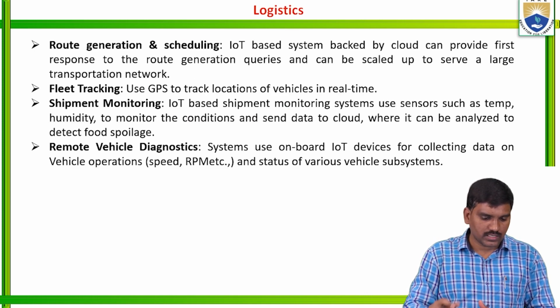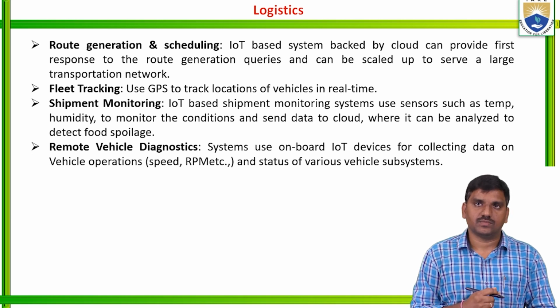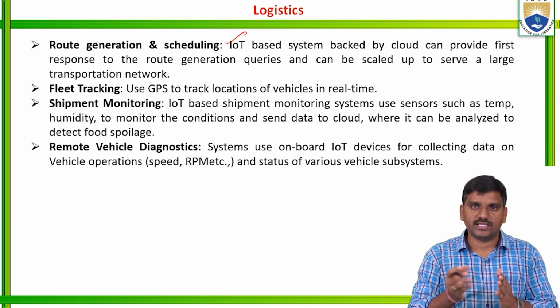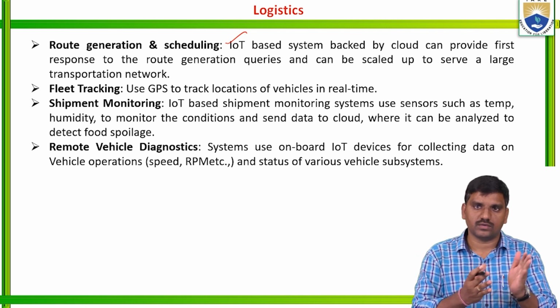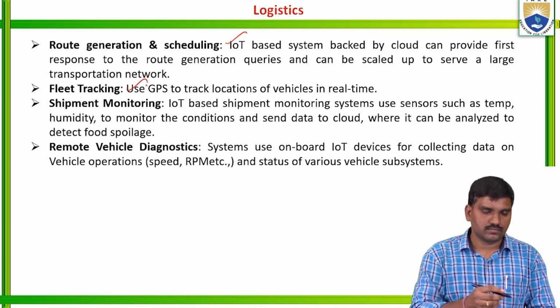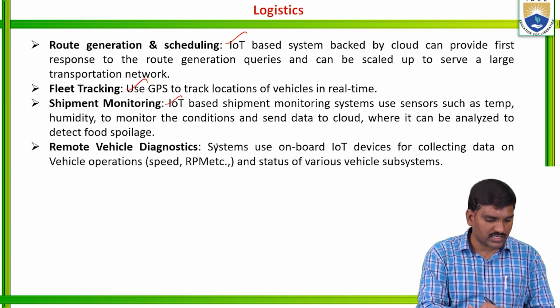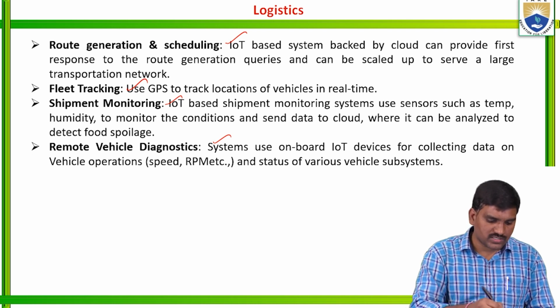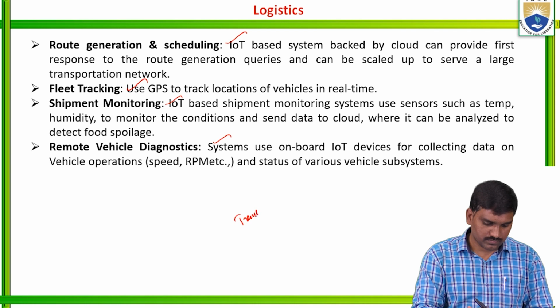The last but one, logistics: route generation and scheduling, which belongs to the way of transportation, fleet tracking, shipment monitoring, and remote vehicle diagnostics. It is completely based on transportation.